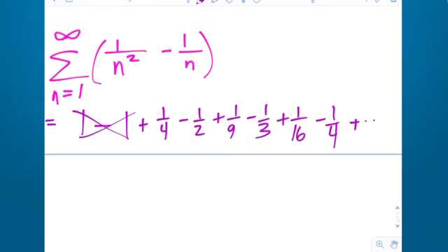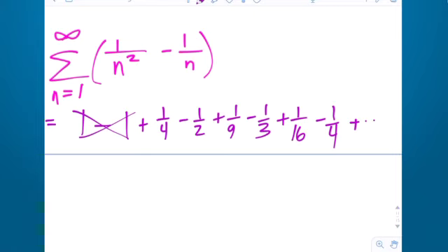What's going to happen as we go down the line? Small, big, small, big, small, big. Is that monotonically decreasing? No, it's not. So this one is inconclusive by the alternating series test.